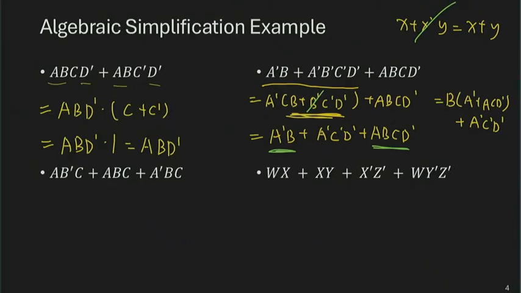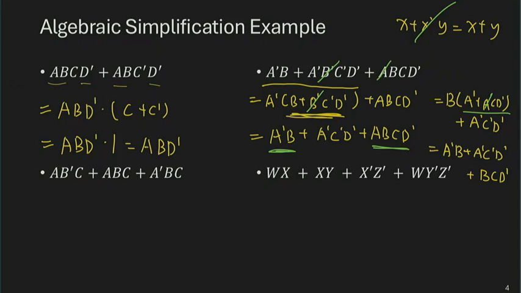And then when you look at this part of the sub-expression, the complement of a prime appears as a literal in that product term with 3 literals. So again, we can get rid of this a literal. And then you end up getting a prime b plus a prime c prime d prime plus b c d prime. Essentially, based on the original expression, we are getting rid of this b prime, and we're getting rid of that a.